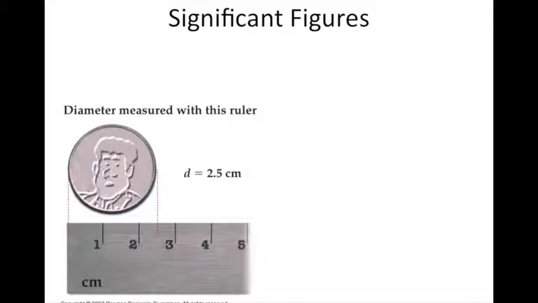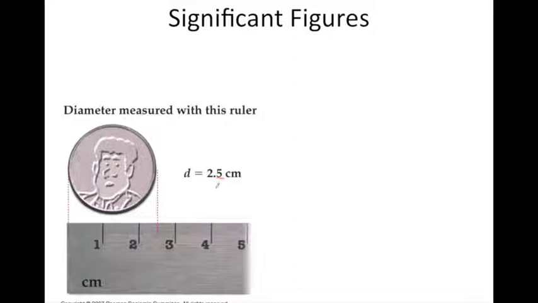Our ruler is marked every 1 centimeter, so we can estimate one more decimal place past that. So our diameter would be 2.5 centimeters, maybe 2.4, maybe 2.6, but it would be 2.5 centimeters with the 0.5 having some uncertainty associated with it.